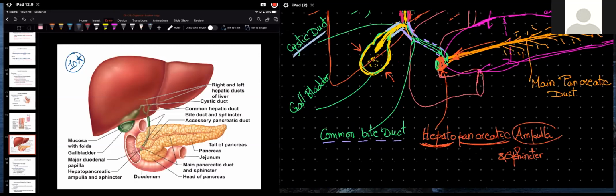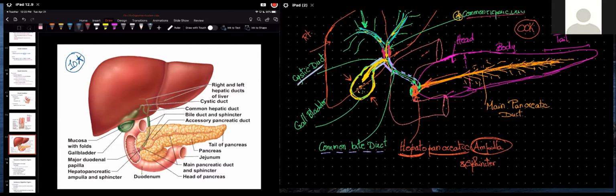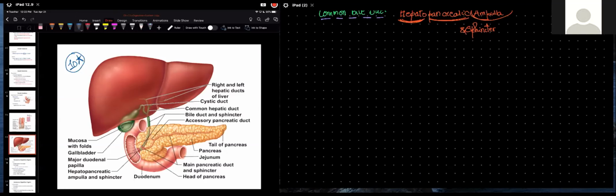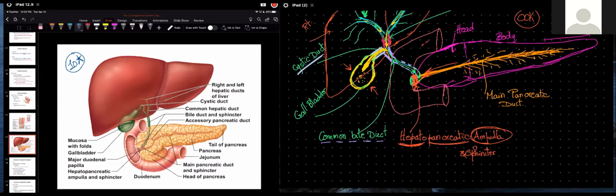I am an enlarged duct. Remember, where else did we see an ampulla? Recently, in the previous chapter.